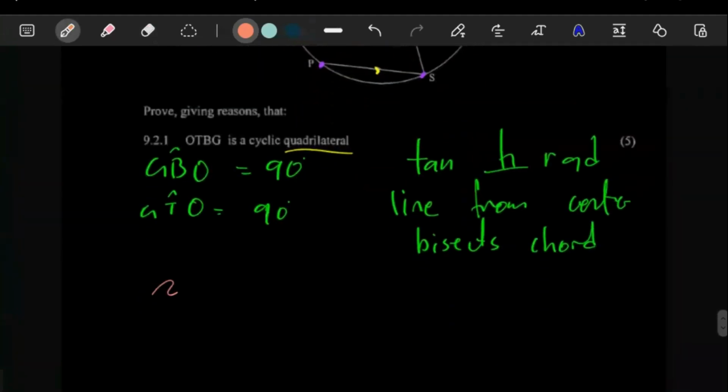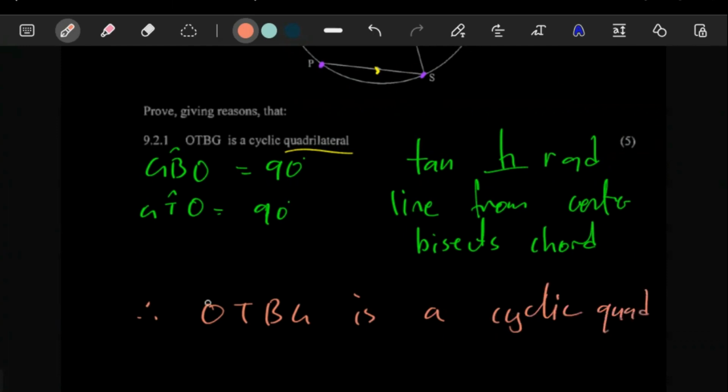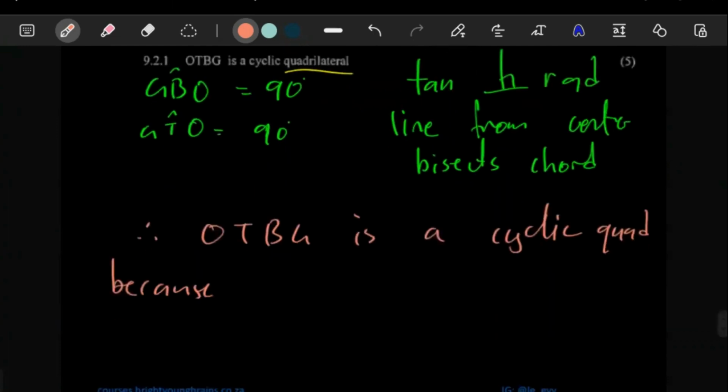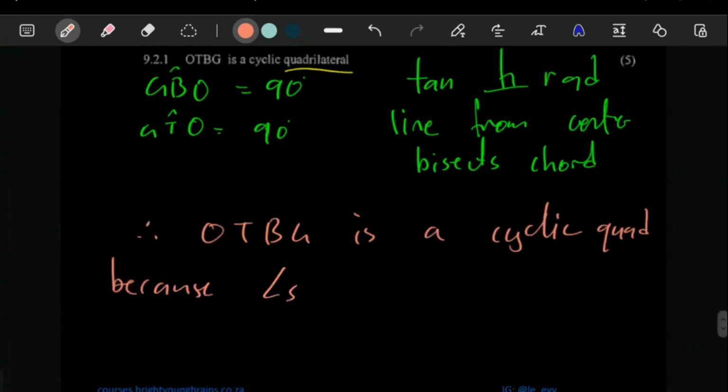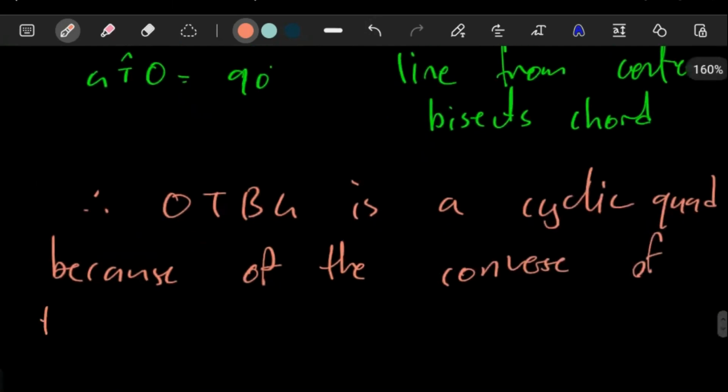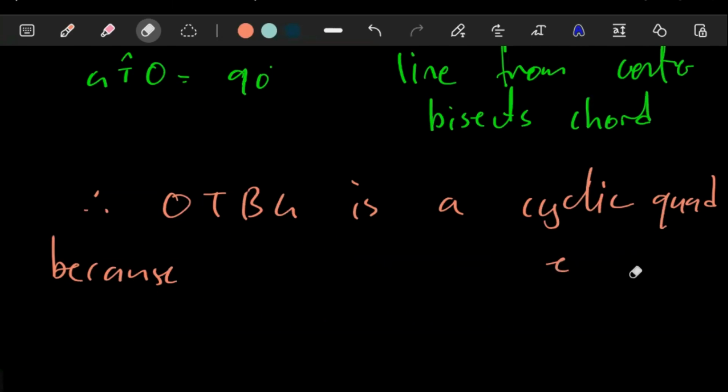You can now say, therefore, OTBG is a cyclic quad because of the converse of the angles in the same segment theorem.